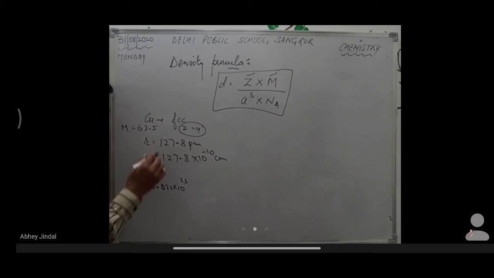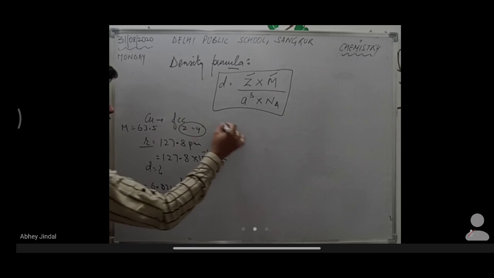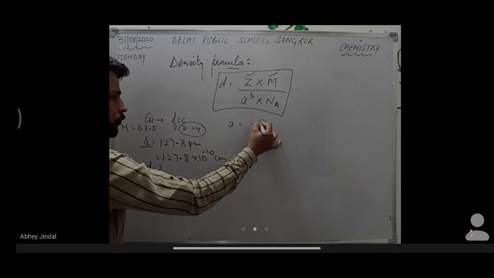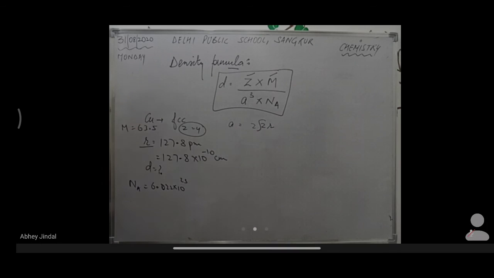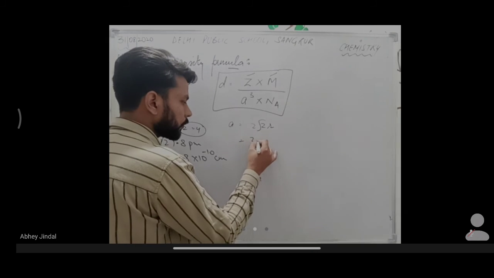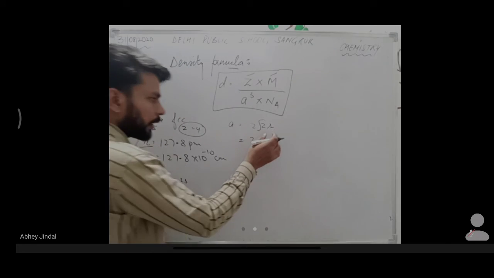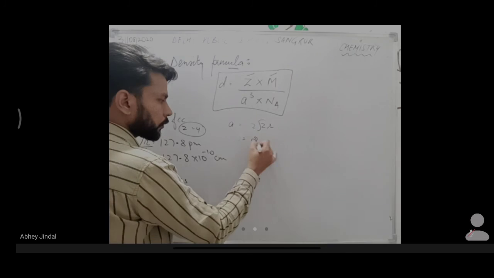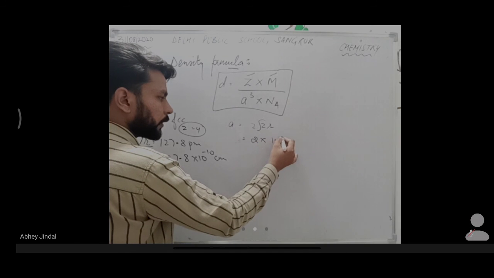But we are given the radius only, not the edge length. Because of FCC, as we know, A is equal to 2 square root 2 R. Okay. So the radius is given, so from here we can find the value of A. And the value of A comes out to be 3.615, by putting the value of R. I'm writing here 2 into under root 2, which is 1.414.